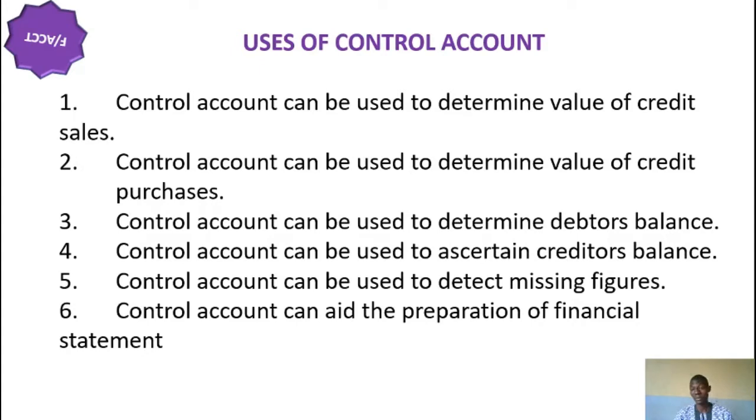And we know the meaning of a debtor, somebody that is owing your organization. Control accounts can be used to ascertain creditors balance. A creditor is somebody that is being owed.